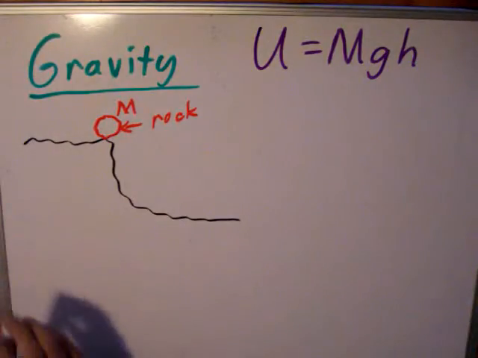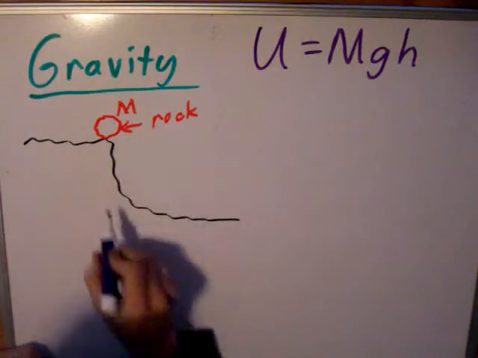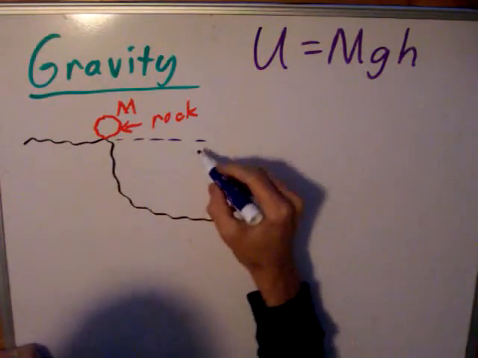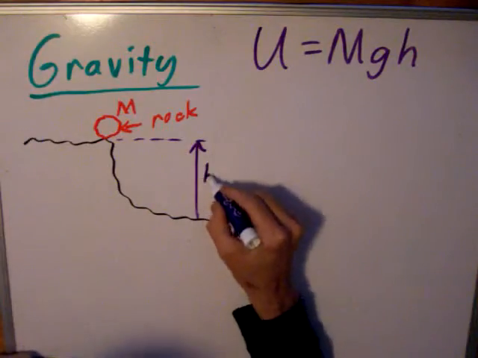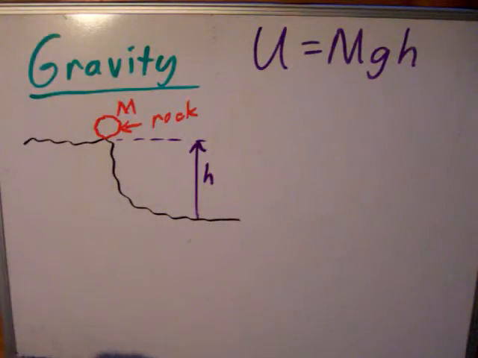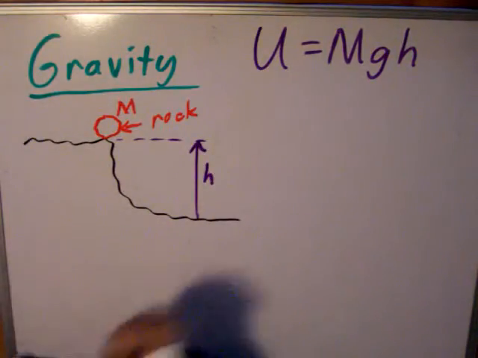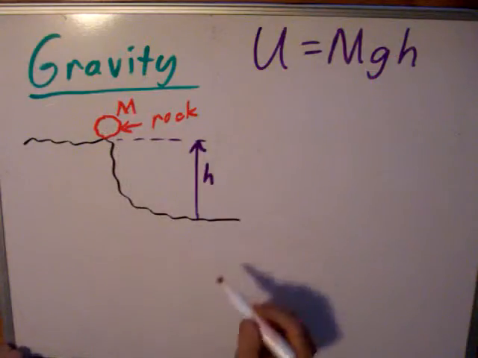Let's say that the height of the hill from the top to bottom is h, has a height h. And now let's further suppose that the rock rolls down the hill.